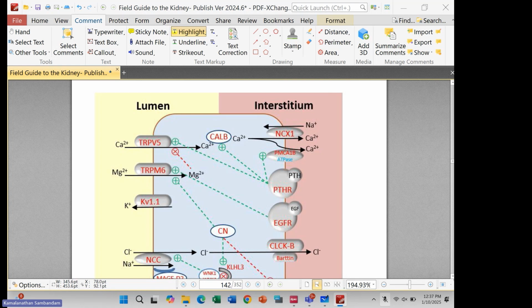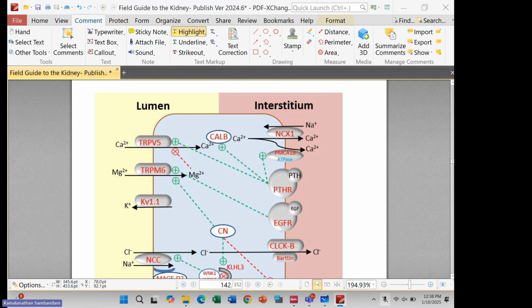I'll make one last point. Let's suppose I have a patient in the hospital who presents with hypokalemia, and then someone does a 24-hour urine to evaluate the urinary K and calcium in that patient, but the patient got normal saline. Normal saline would predictably increase your urinary calcium excretion rate.